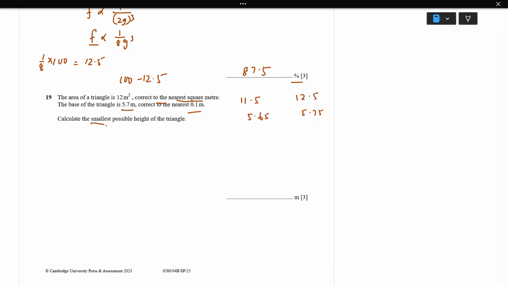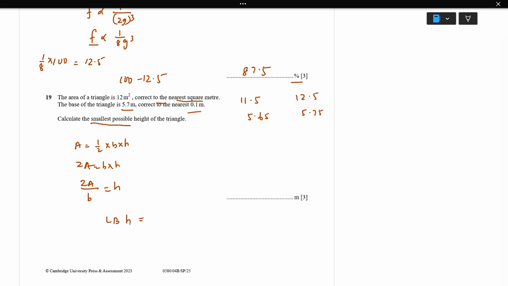Now we need the smallest possible height, so the lower bound of the height. Area equals half times base times height, so 2A equals base times height. I want the height, so 2 times area divided by b equals height.